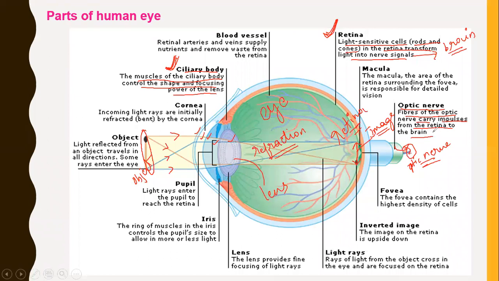Okay, so these are the four important parts of our eye which will be focused on in optics: the ciliary body, the eye lens, the retina, and the optic nerve. These four parts of the eye need to be remembered to discuss the next coming slides.